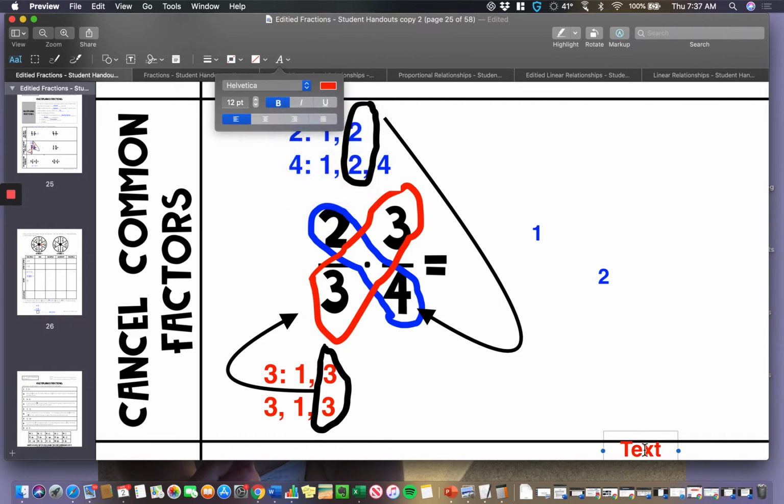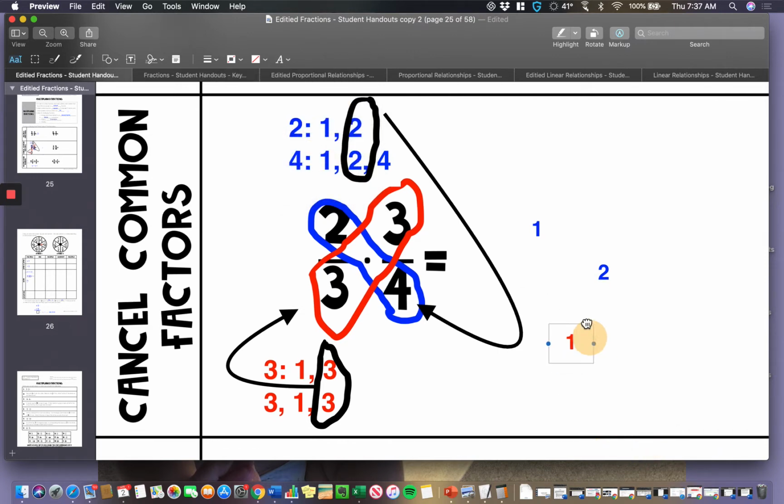And I'm going to have 1 as my new denominator from my first fraction, because I did 3 divided by 3 here. And then when I do 3 divided by 3 here, I'm also going to have 1. Now I have a whole new set of fractions.